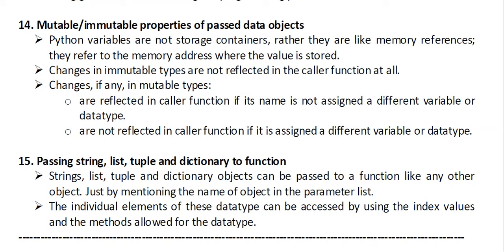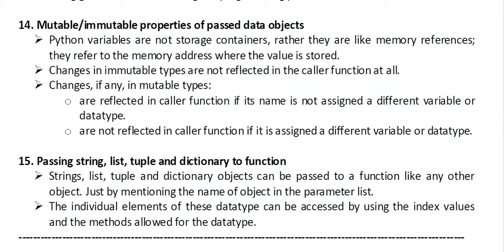But when you pass it, these are container data types: string is a collection of characters, list is a collection of elements, tuple is a collection of elements, and dictionary is also a collection of elements.